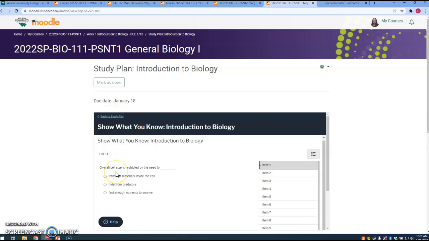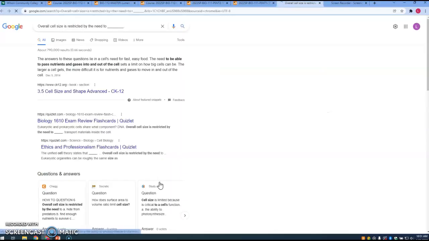these questions from Show What You Know may be word for word exact, and they may be reworded slightly just so that you can't just, well, I'll show you. I know you probably know how to do this, but what I just did was search the answer, and it just gives you the answer.